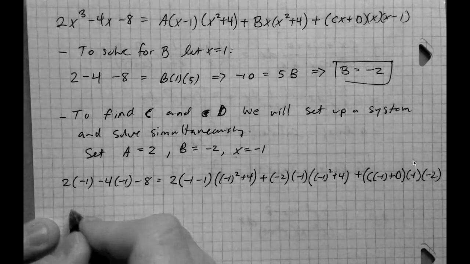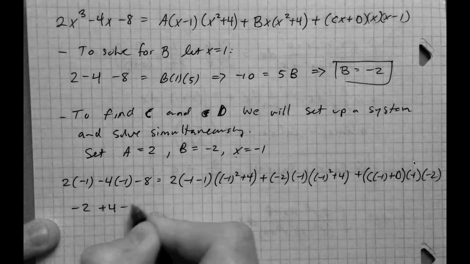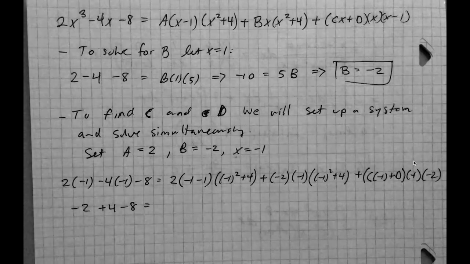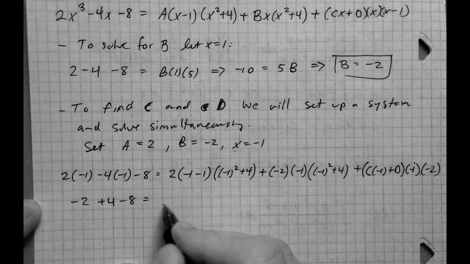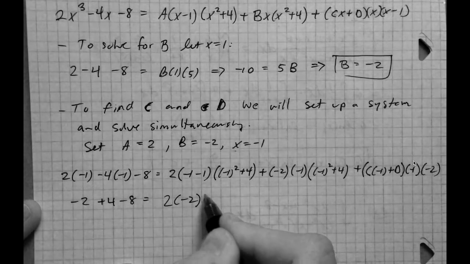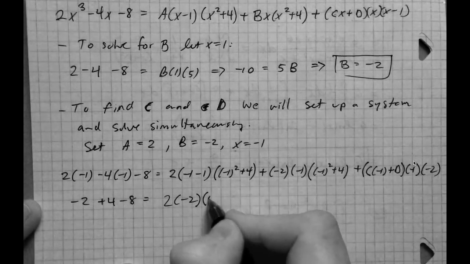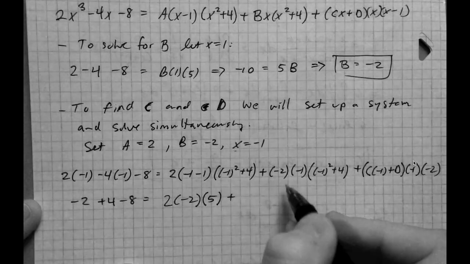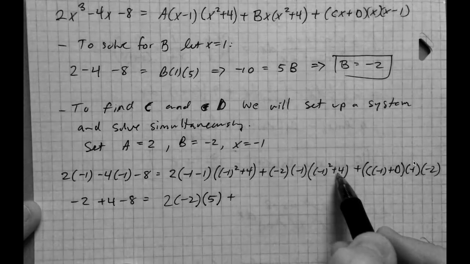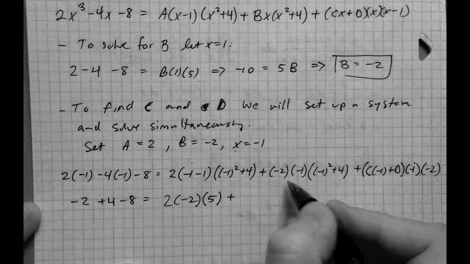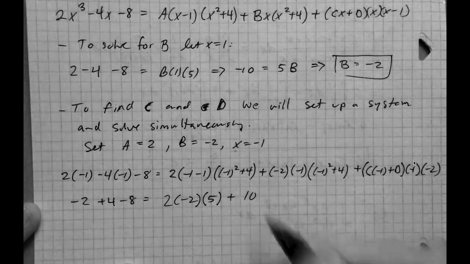So let's go through. We got negative 2 plus 4 minus 8. That's that side. And then over here we've got 2 times negative 2 times 5 plus, what do we get here? Well, this whole thing is 5 times 2, so that's 10.